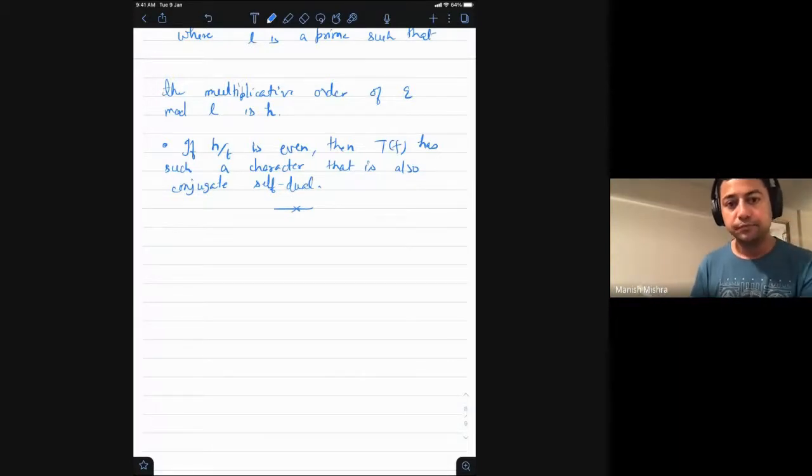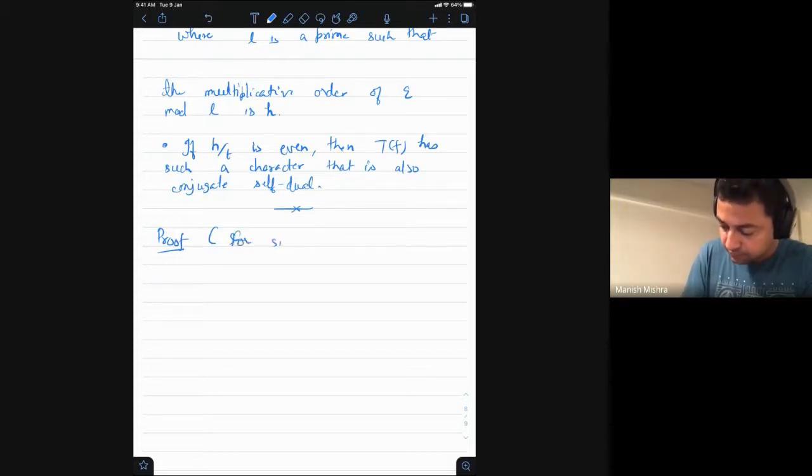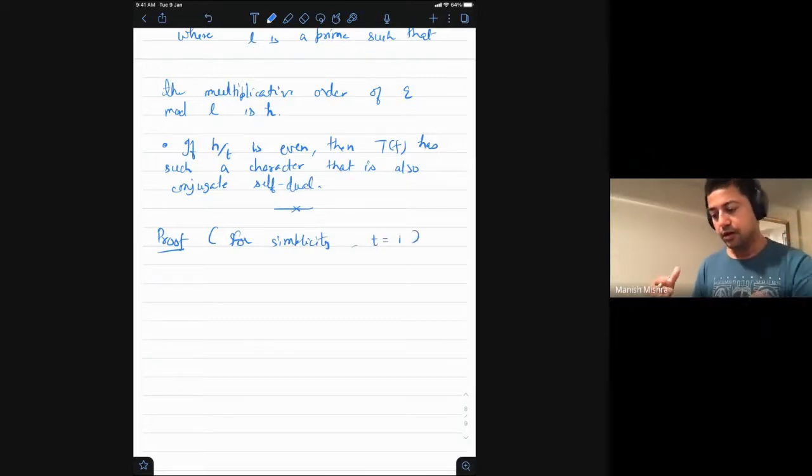Now we begin with the proof of this proposition. So for the proof, I'll assume for simplicity t is equal to 1. So our group is split. This is an assumption for this proof, but the proof essentially flows in the same way in the non-split case for this proposition.